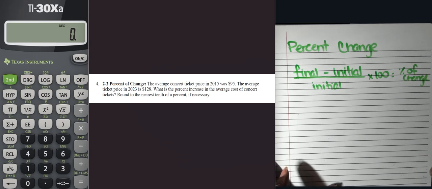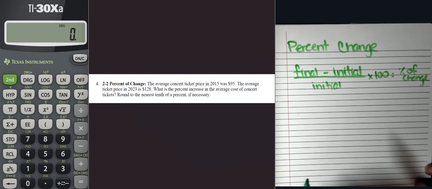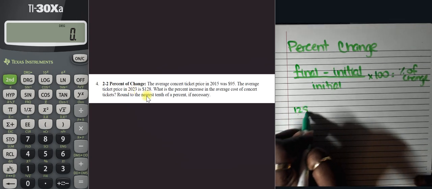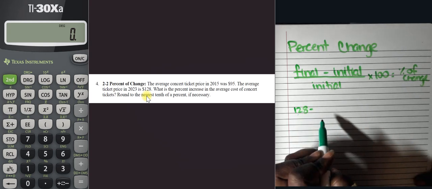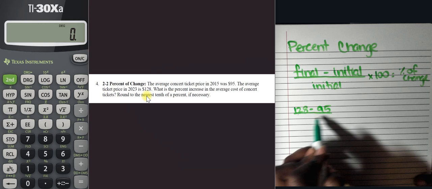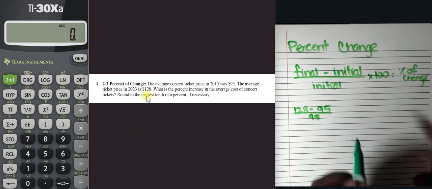All right. So let's see what we've got. In this example, what was our final amount? The final amount is in 2023. It's 128. So we're going to put that as the final amount. Now, what was the initial amount? The initial amount was $95. And then we're going to divide that by that same amount, 95.